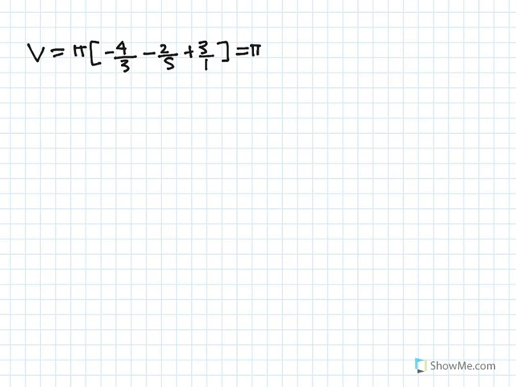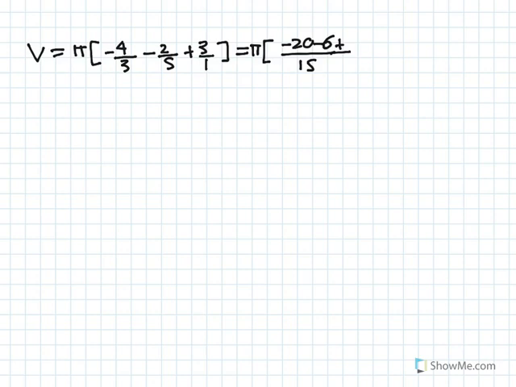All right, so what we have is volume is equal to pi times minus 4/3 minus 2 over 5 plus, let's write this as 3 over 1. Take common denominator. The common denominator is 15. 3 goes into 15 5 times, minus 4, that's negative 20. 5 goes into 15 3 times, minus 2, that's minus 6.